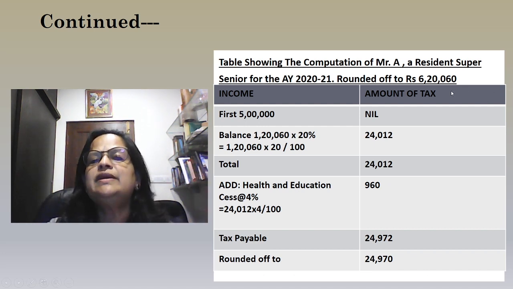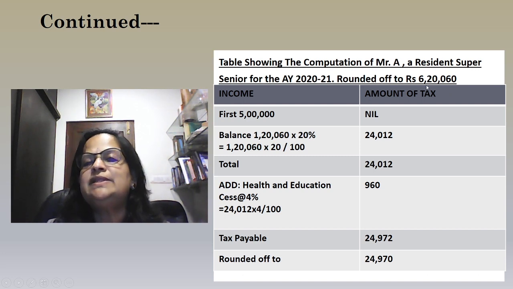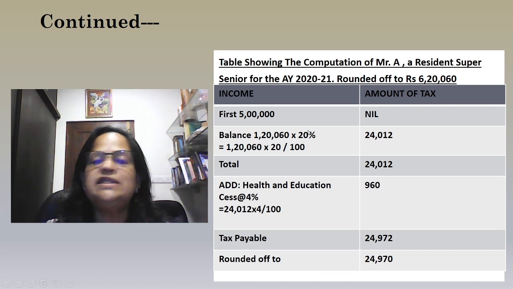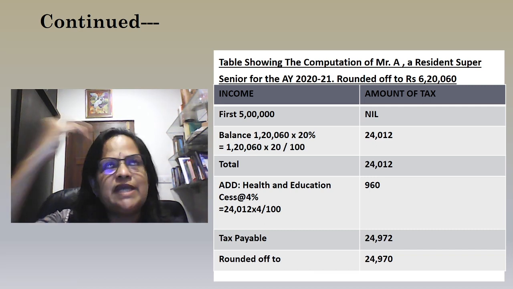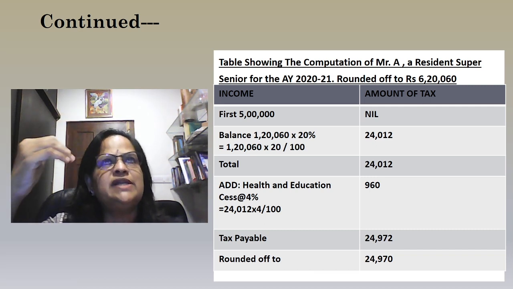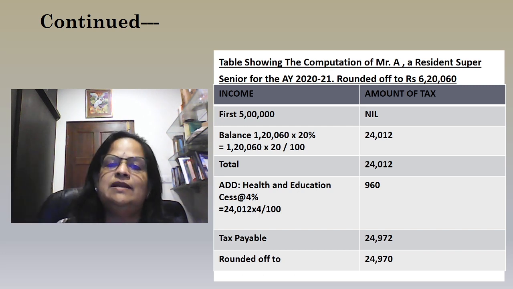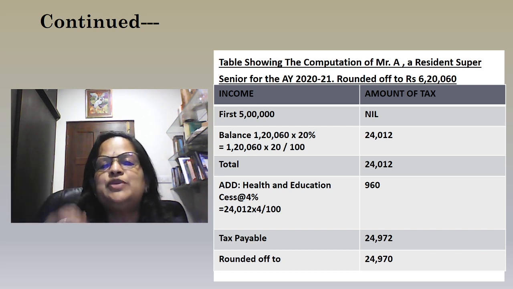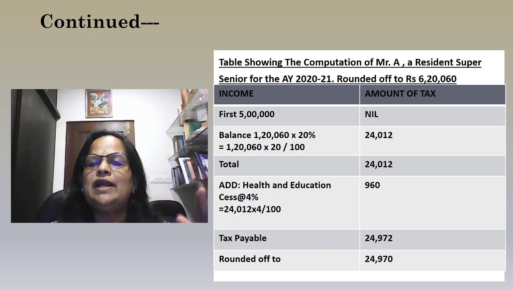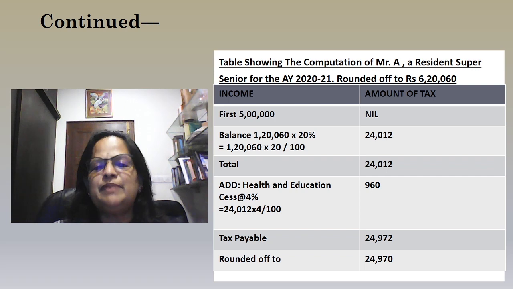Now the next one, super senior category, with the same taxable amount 6,20,060. The first 5 lakh in this case is nil. See the difference: for individuals up to 60 years, up to 2,50,000 is nil; between 60 to 80 years, 3 lakhs is nil; above 80 years, 5 lakhs is nil. So the balance 1,20,060 into 20% gives 24,012.